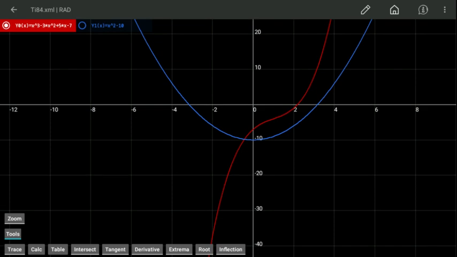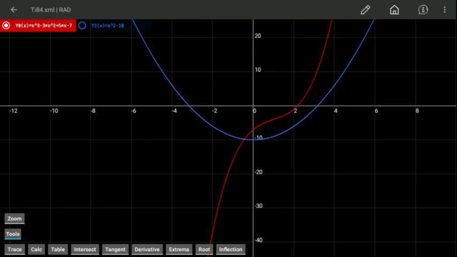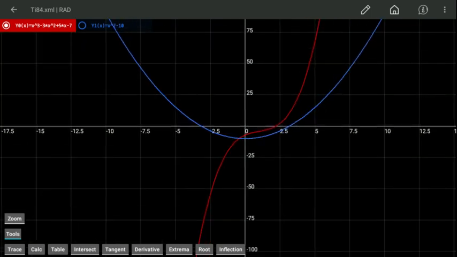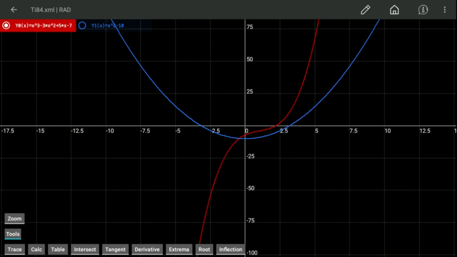One of the reasons I want to do that here, if you're not a calculus person, is that it might not be 100% obvious to you that there's only going to be one point of intersection between these two curves. By squeezing out like this, I can see that the red curve, which is my cubic function, as I move from left to right, the rate of increase increases more quickly than it does for the quadratic function.